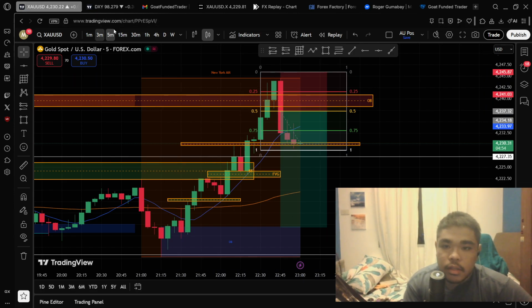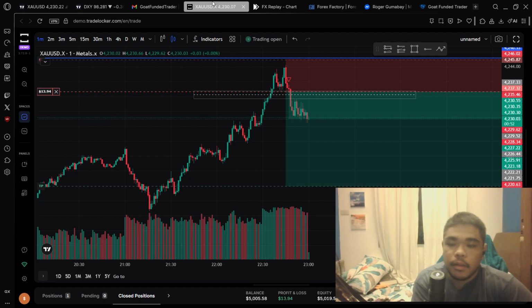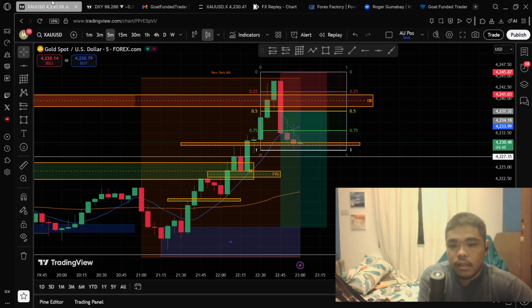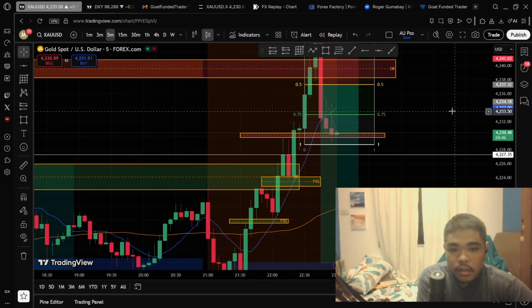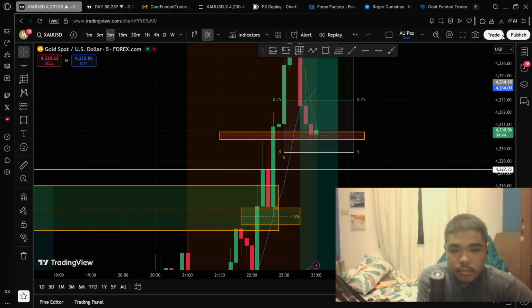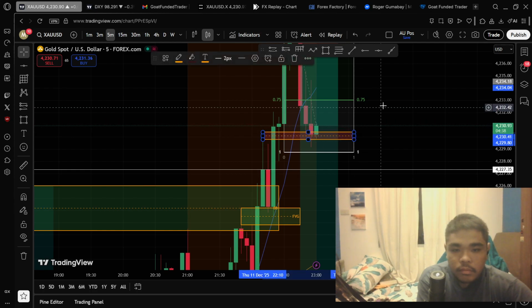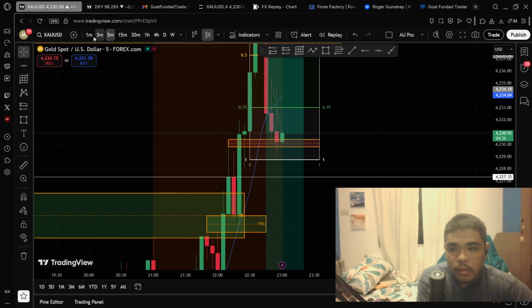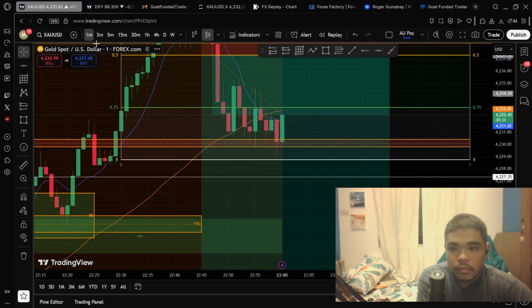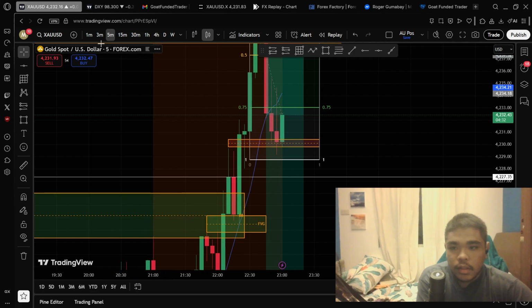To be honest, we're still respecting that level a bit. That just means there's a clear imbalance on that level. Okay, that's a scary candle.